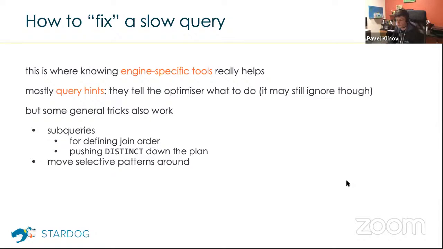SHACL, for those of you who don't know, is the W3C standard for enforcing integrity constraints on the data. You can declaratively specify the shape of your data, and particularly how the RDF terms in the range or domain of a particular property should look, whether they should be IRIs or literals, and if literals, what the data types should be.